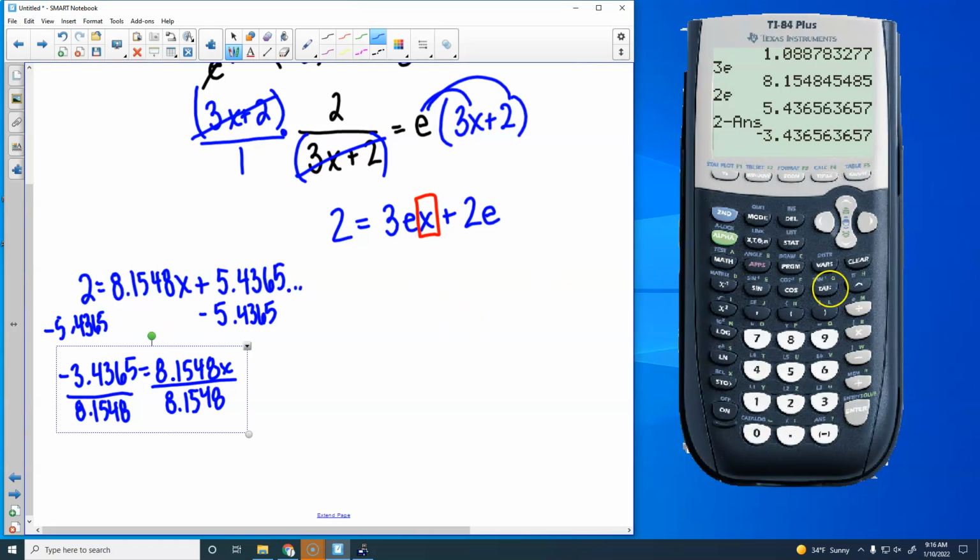We take this number and divide. Some of you guys have the better calculators where you can go back up and do that. So I get negative 0.421.